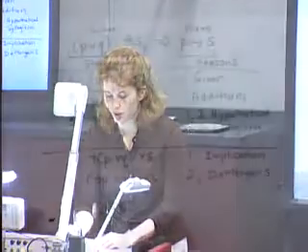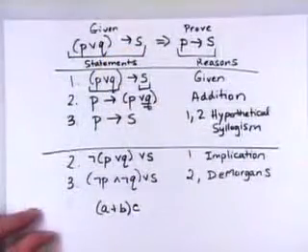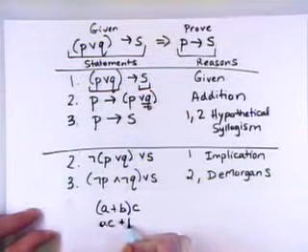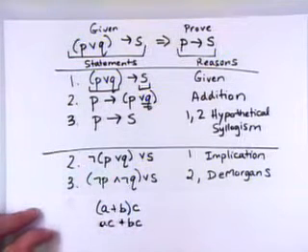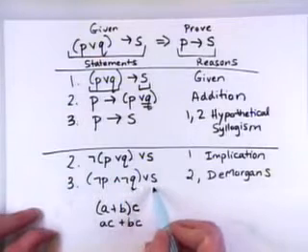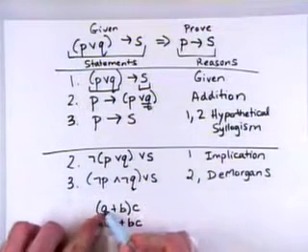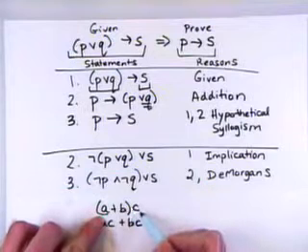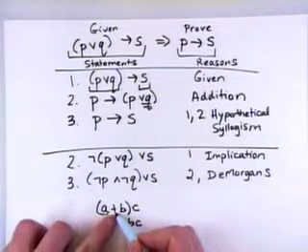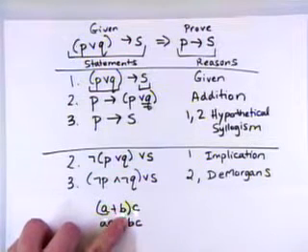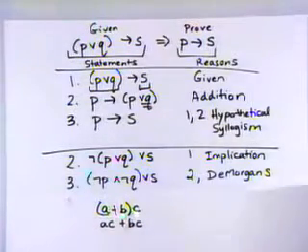So the distribution rule, if I have, say, A plus B times C, in regular math is going to give me what? AC plus BC. And that's how the distribution rule works, no matter whether you have an AND or an OR wherever it is. So what it is, I'll take the first variable and that operator along with the last variable, and then use this operator, and then take the second variable with the last one, with that second operator. So we'll do that.